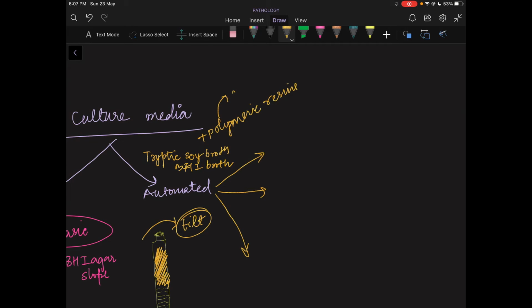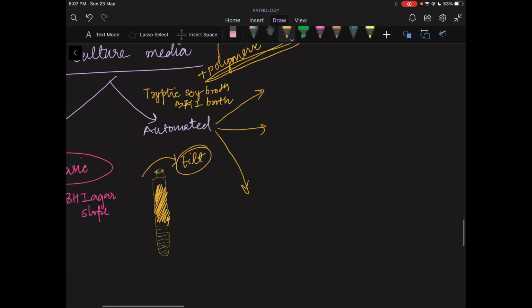They will absorb the antimicrobials, because if the patient has taken some medicines, it will hamper the growth. So for that you require polymeric resins, right? So this is the composition.